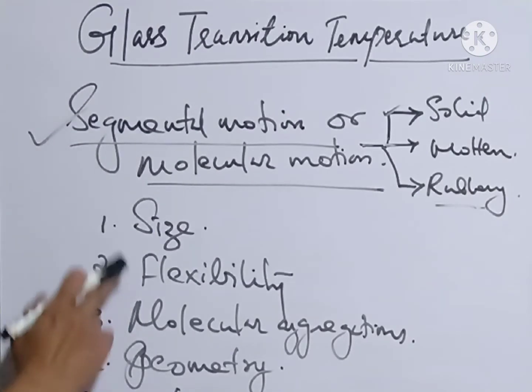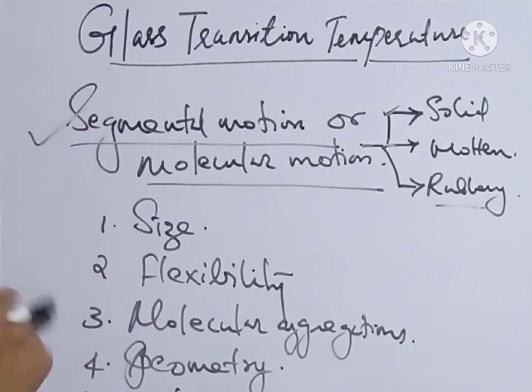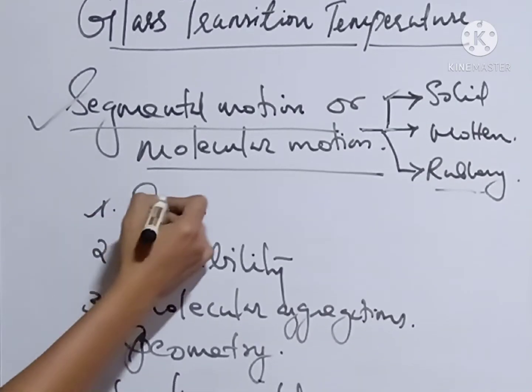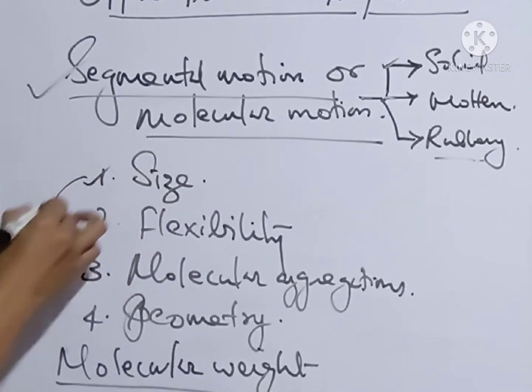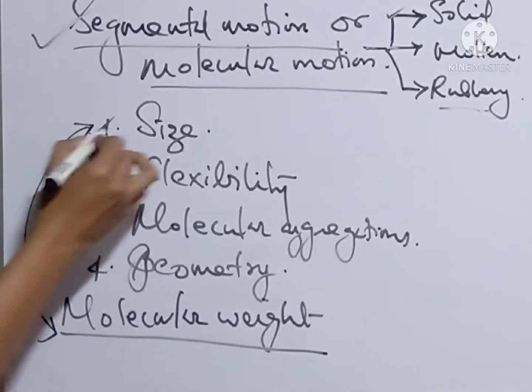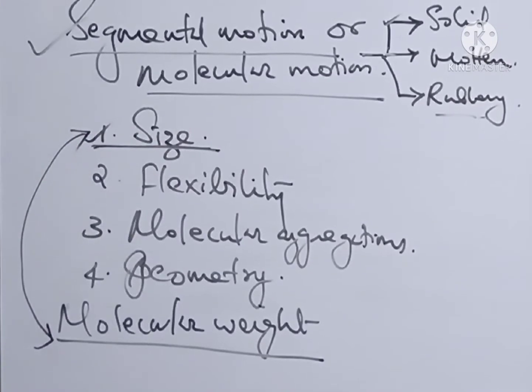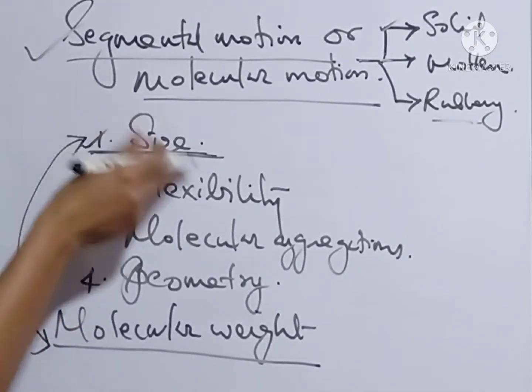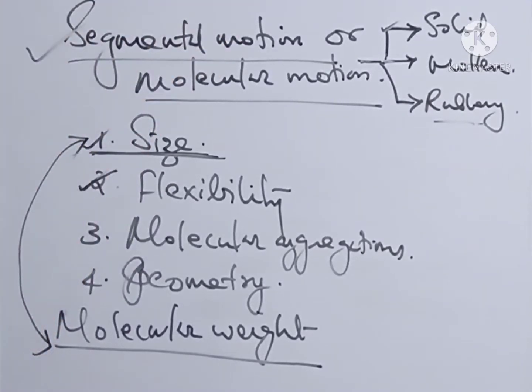And of the factors which influence segmental movement, the first one is size. We can relate the size of molecules with the molecular weight of the polymer, and we will discuss it later in this video. First of all, we are going to discuss how flexibility determines glass transition temperature.